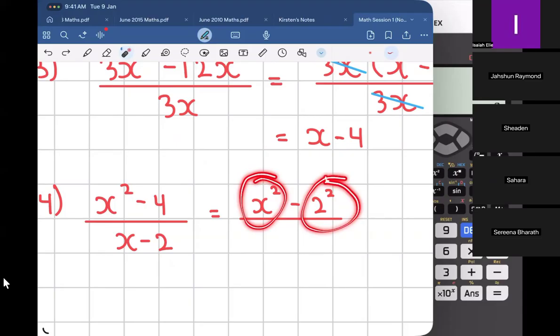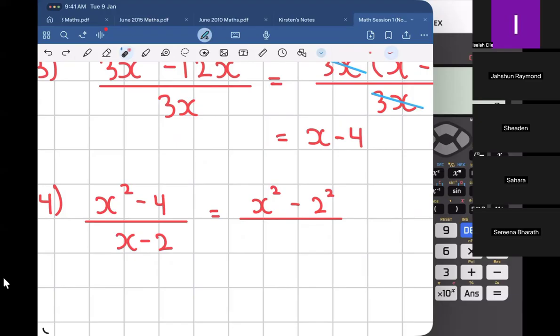X is being raised to the power 2, and 2 is being raised to the power 2. Anytime you're raising something to the power 2, you would say that you're doing what with it? Start with S. Square. You're squaring it. Anytime you raise something to the power 2, you're squaring it. So I would say that this is a difference of 2 squares.